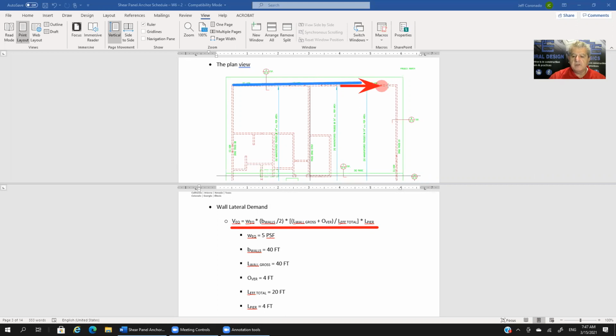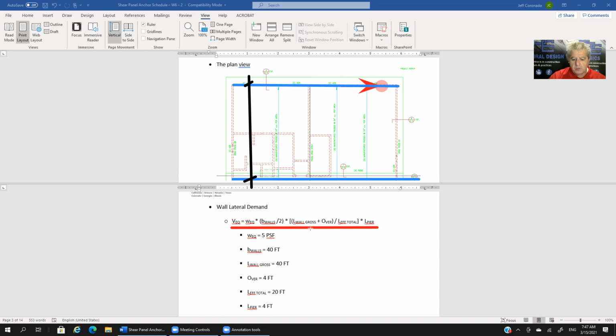Remember, this is a wall line here, and we can't see it in this image, but let's just say the next wall line is down here. So we're looking at this dimension, the distance between the shear wall lines. That's B walls, which we divide by 2.